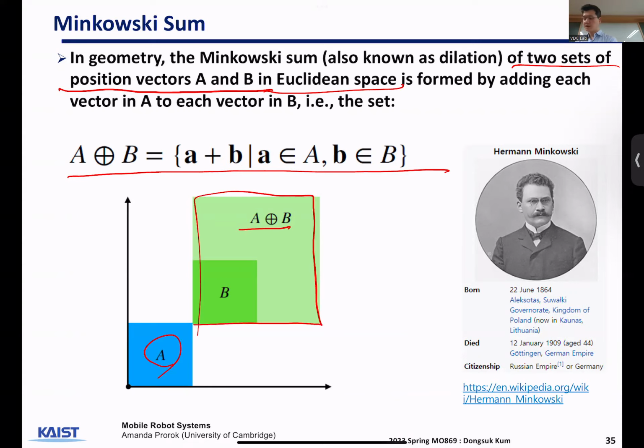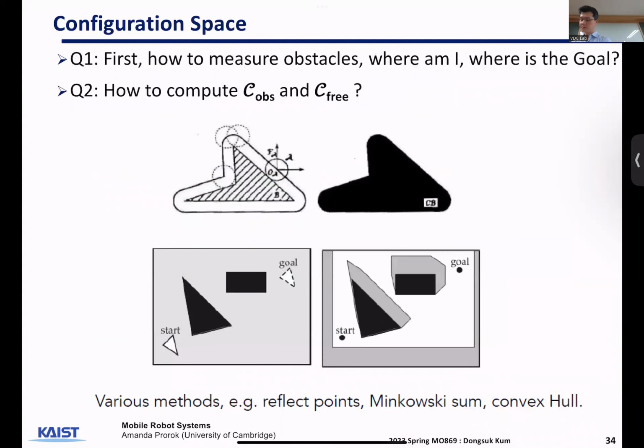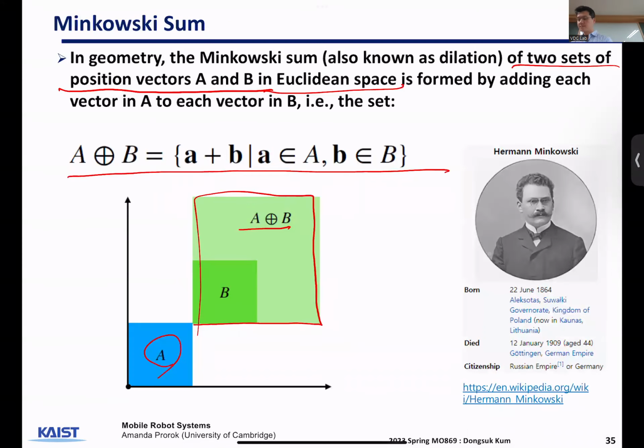Now you can consider A as a point. That way you can generate this obstacle space and make your robot a point. By the way, this example is assuming it's a box in this case.